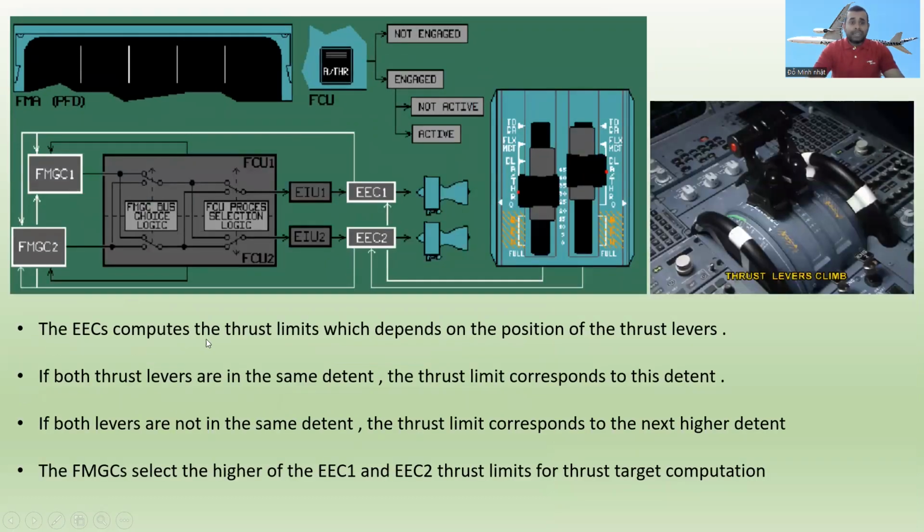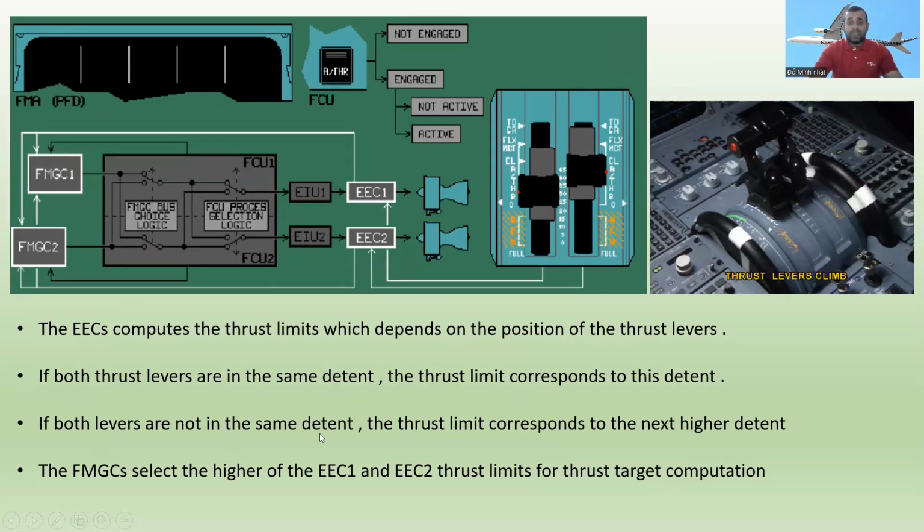Now, the EEC computes the thrust limits, which depend on the positions of the thrust levers. If both thrust levers are in the same detent, the thrust limit corresponds to this detent.